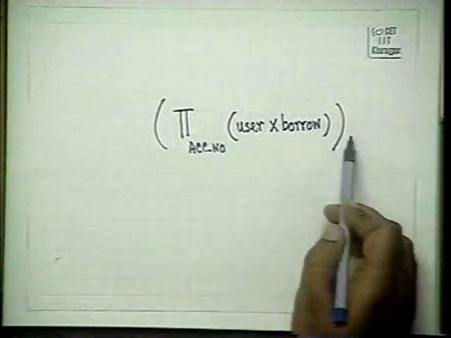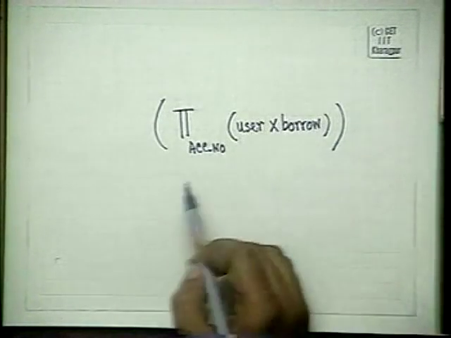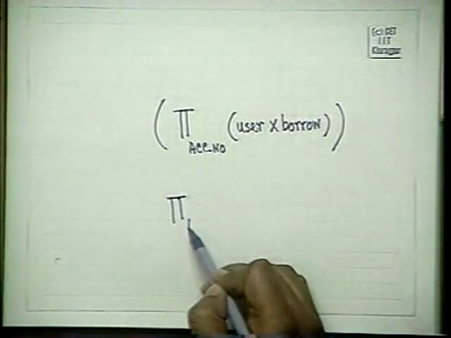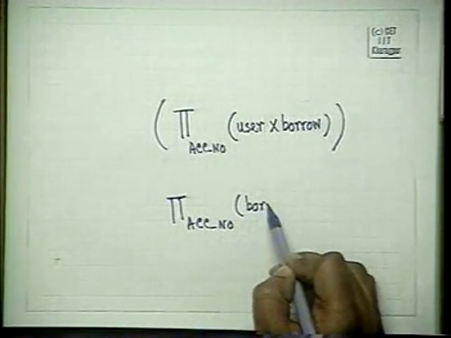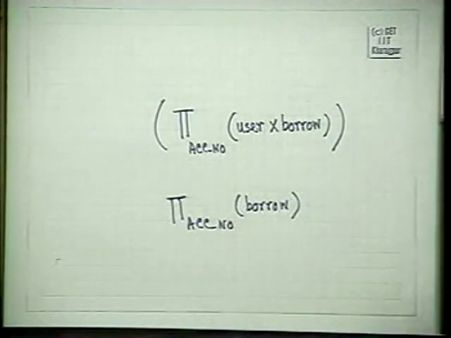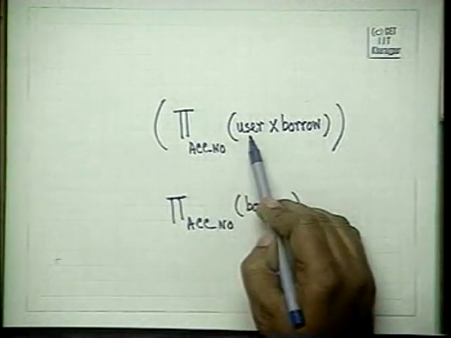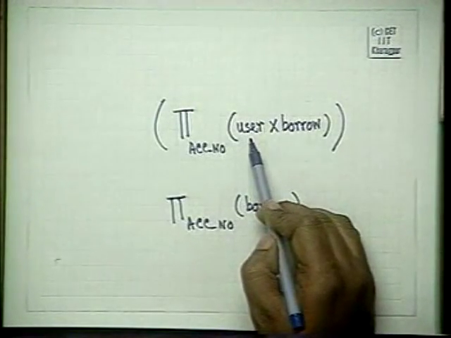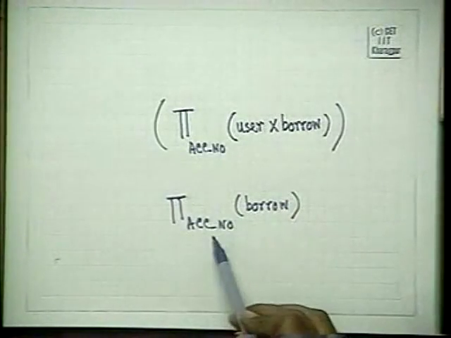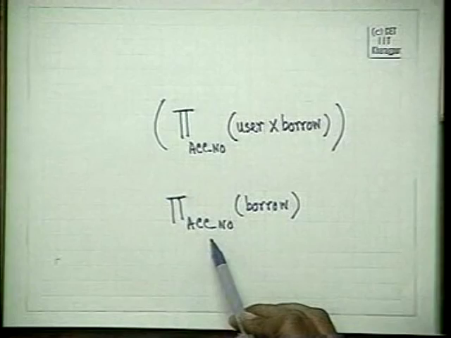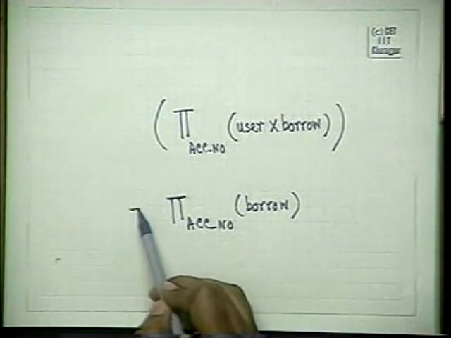This, whatever we have here, is identical to, user has got no accession number as attribute. Therefore, user cross borrow, if you project out accession number, and if you borrow out from borrow, if you project out accession number, whatever you get is identical.